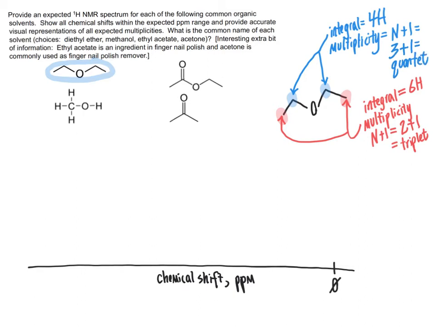So now that we have established that our signals in the proton NMR spectrum need to be a quartet that integrates to 4, as well as a triplet that integrates to 6, we need to think about where to plug the triplet and the quartet along this x-axis.